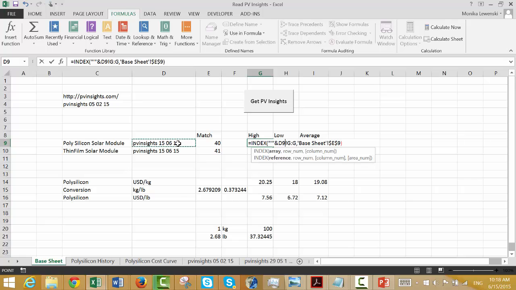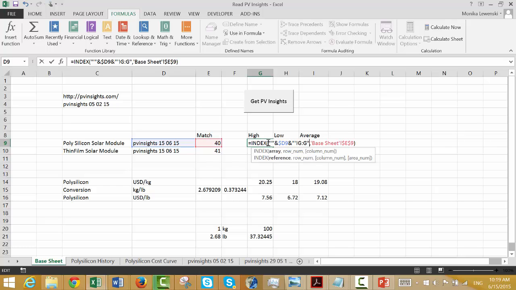We go to our thing and press the F4 key until we get this, and another ampersand and a single quote and this one, and then we can close the quote.